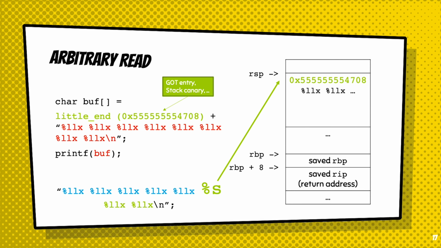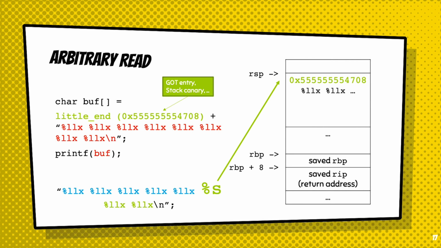And actually, before I touch that, let me just emphasize what we can put over here and why arbitrary read is valuable for us. If you still remember, previously we mentioned that the stack may have defense mechanisms, such as stack canary. And also, sometimes we want to leak the base address of the libc so that we can use a ROP chain. However, we don't know where the libc space is.